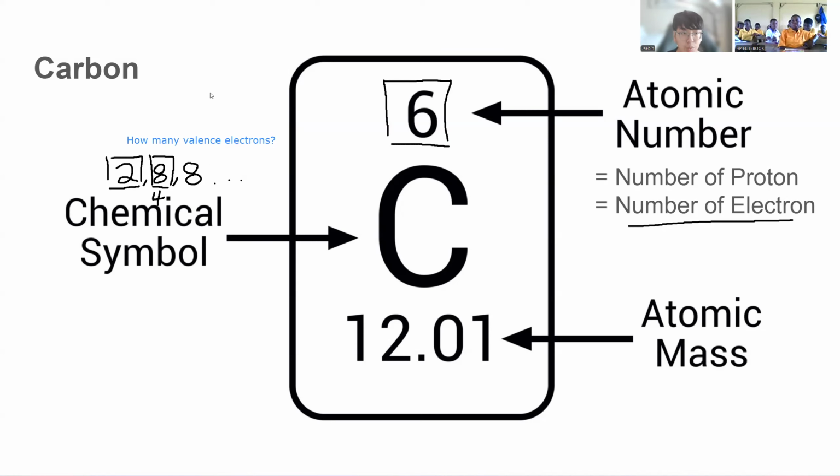So we have 4 valence electrons with the carbon atom because we have filled out 2 electron shells, and since this is the most outermost shell, we have 4 electrons in it, and it has 4 valence electrons.